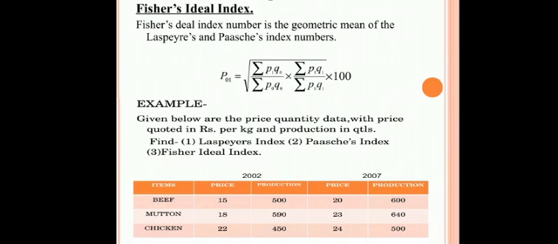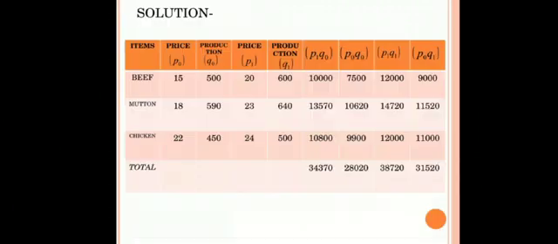Here is an example with price and quantity data, with price in rupees per kg and production in quintals. Find the Laspeyres index, Paasche index, and Fisher index. The items are beef, mutton, and chicken, with price and production for the base year and the current year.